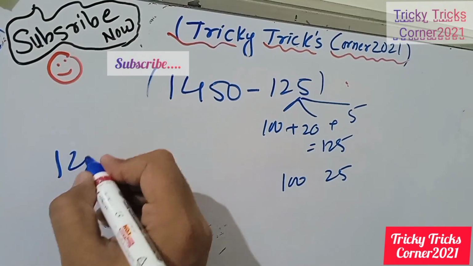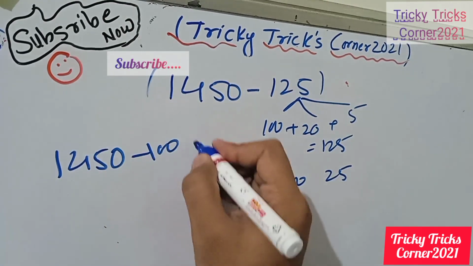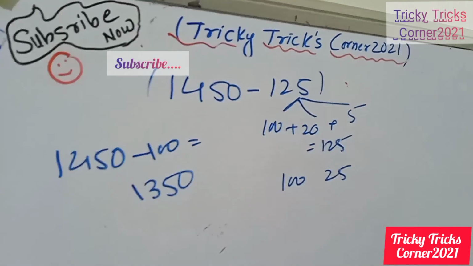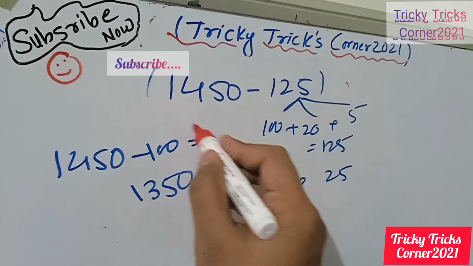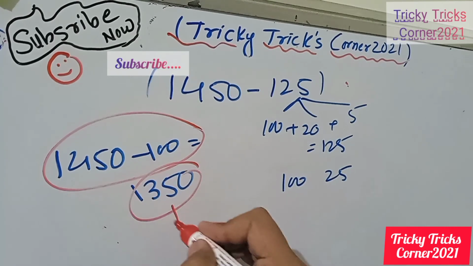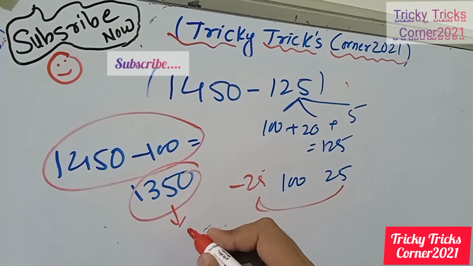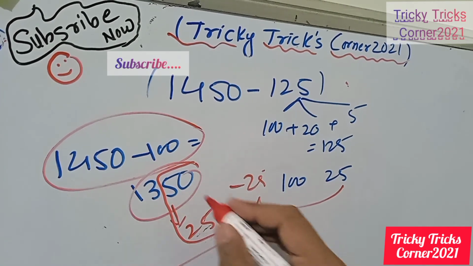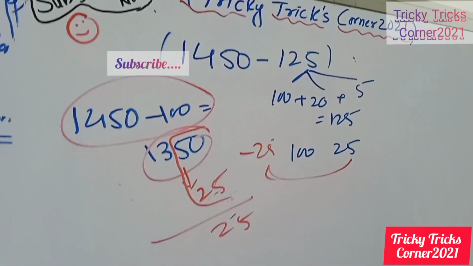Now 1450 minus 100 you can do here, so we have the value 1350. Now from this 1350 I need to subtract 25, which is nothing but 50 minus 25, that is 25.